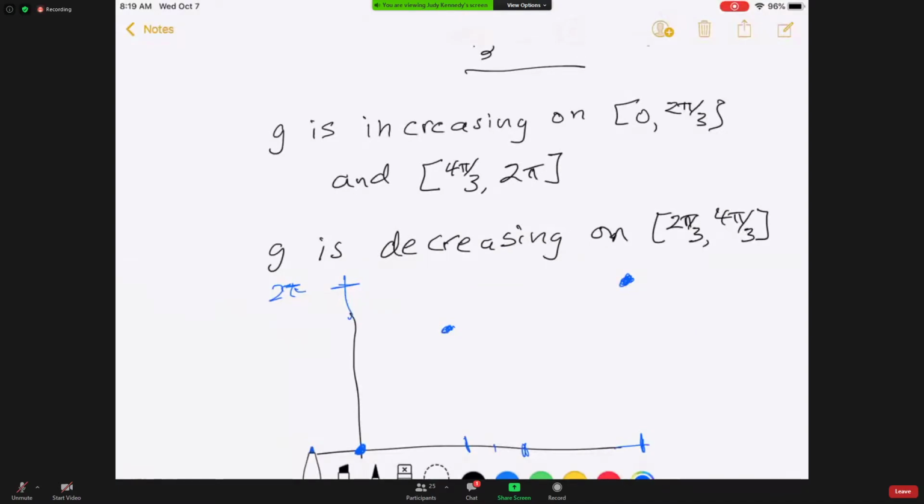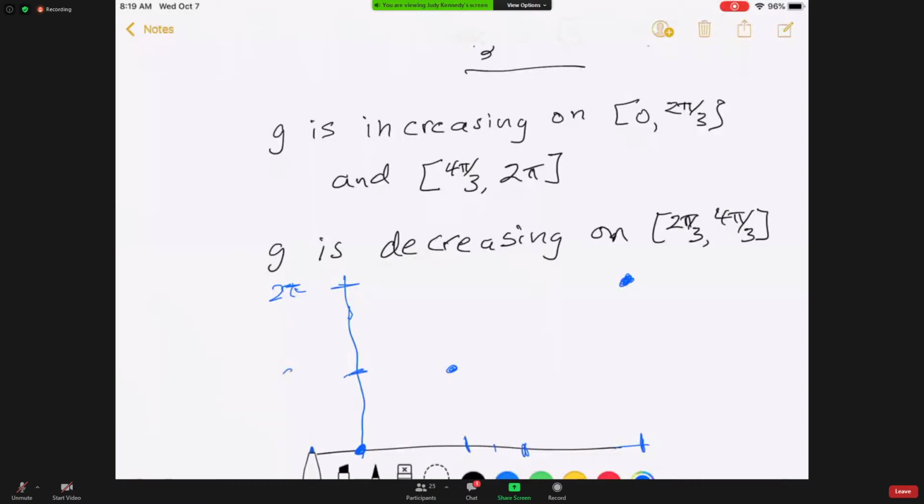Okay, 2 pi is about 6.28. 3 should not be that high, call it about there. And then, except it's not 3, I shouldn't write that.